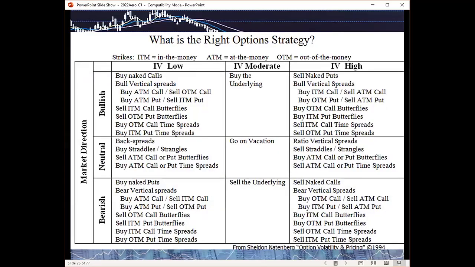Sheldon Natenberg, in his book, Options, Volatility, and Pricing, published this same kind of table listing the many different option strategies that one might consider using in one of those market conditions. I'm not going to go over this in detail. Some of you may or may not have that book. I recommend it. It's not easy reading, but I think in the appendix, in the back of that book, you'll find this kind of chart.